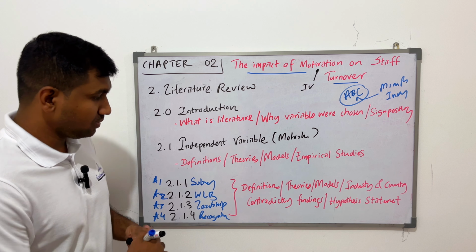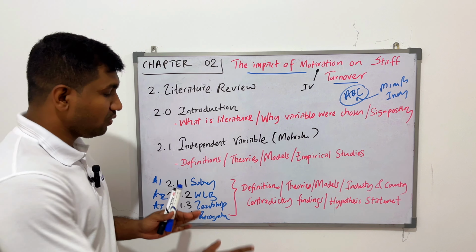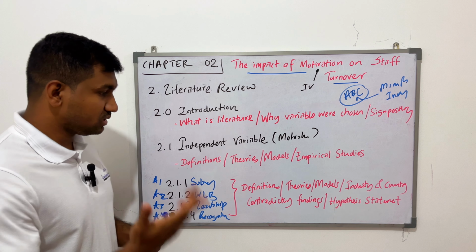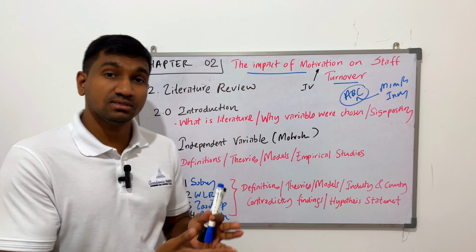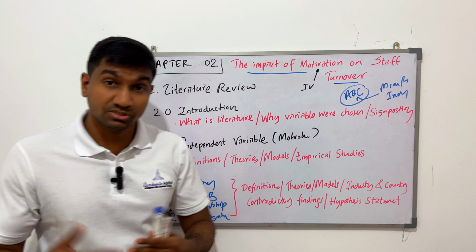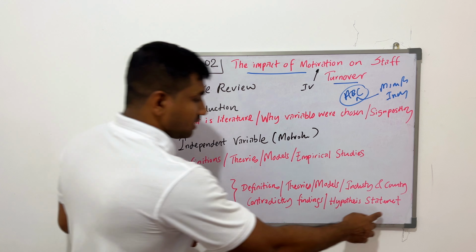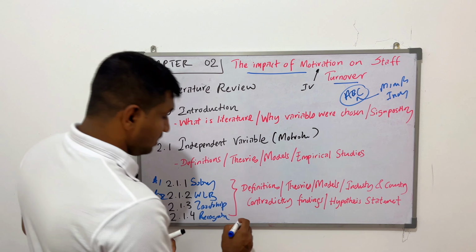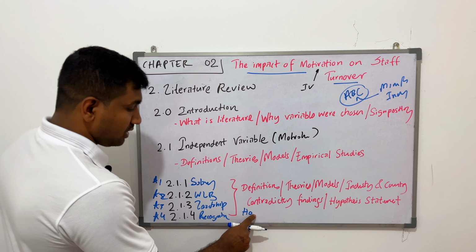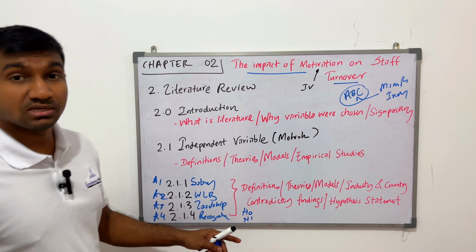So let's say that you have completed the survey part. Now as for the context that you have covered, it is noticed that salary has a significant impact on your staff turnover generally with literature. So in that case, as per the hypothesis statement, remember H0, H stands for hypothesis, 0 as in there's no relationship, H1 stands for there's a significant relationship.